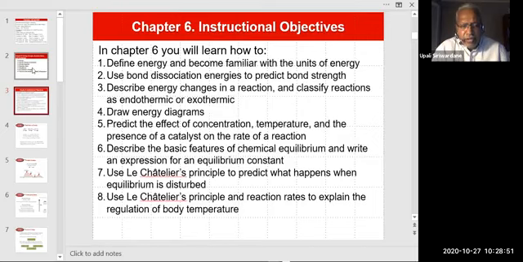And then we're going to use Le Chatelier's principle to predict what happens when equilibrium is disturbed, which way the reaction would go, forward or backward direction. So we will use this principle to explain the regulation of body temperature.